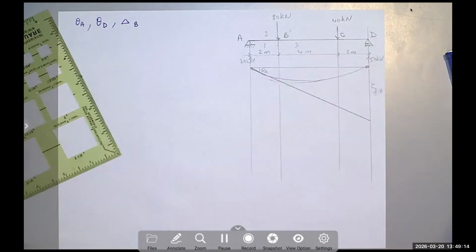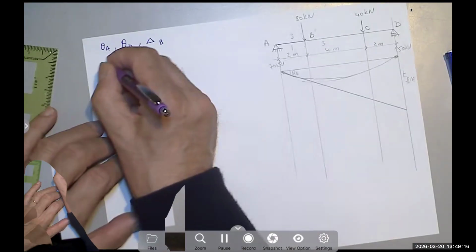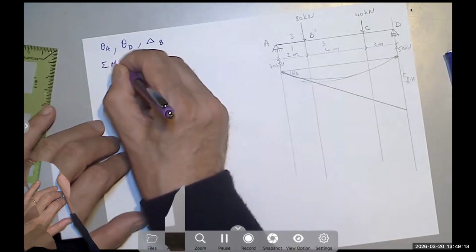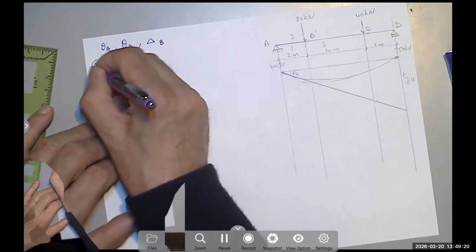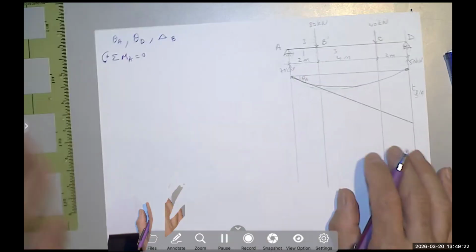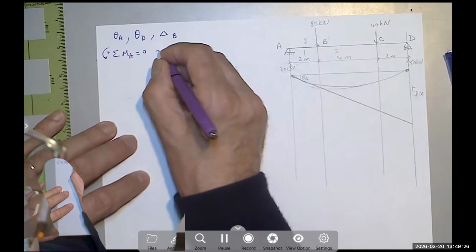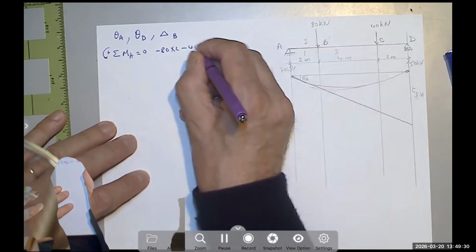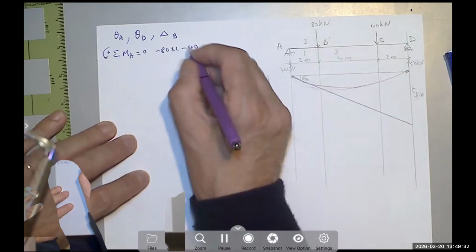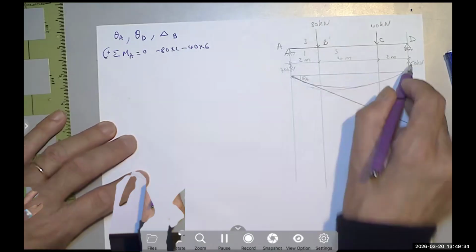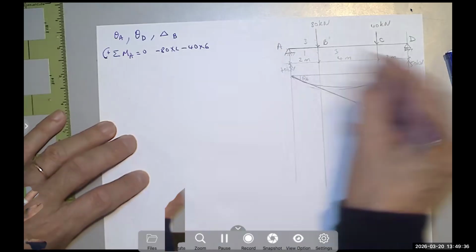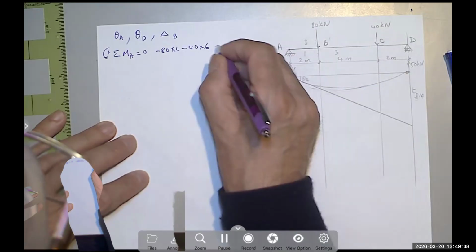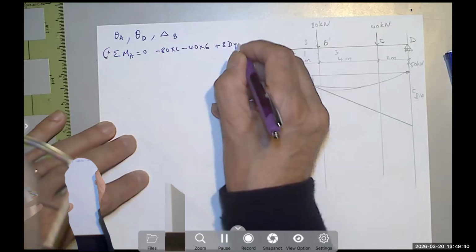You can say, for example, I can take the summation of the moment about A and equate it to 0. Counterclockwise is positive. So the 80 produces a negative moment, so negative 80 times 2. The 40 also is producing negative 40 times 6. But the Dy is producing a positive moment, plus 8 Dy equals 0.